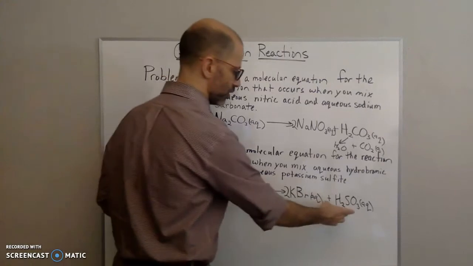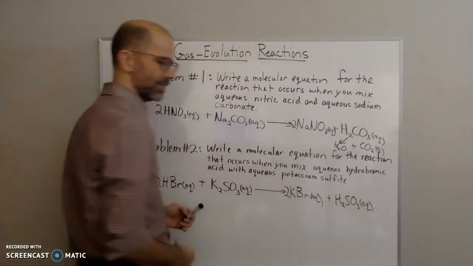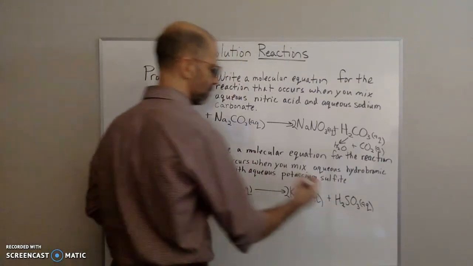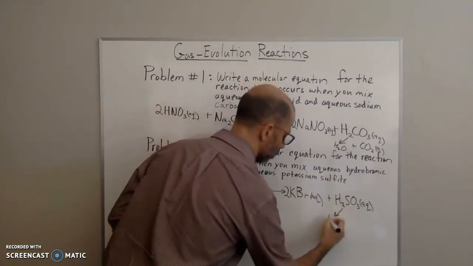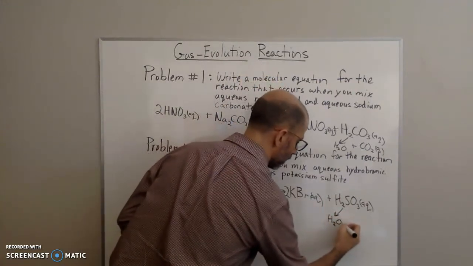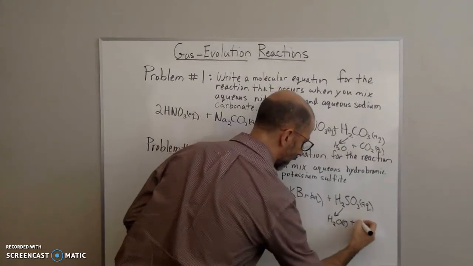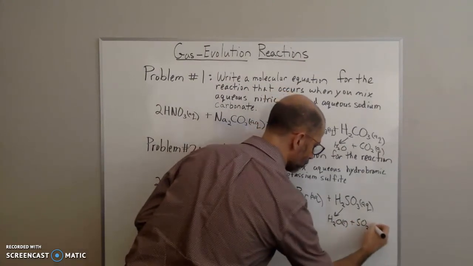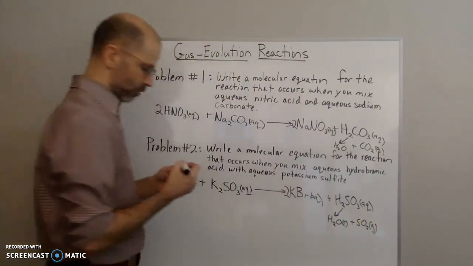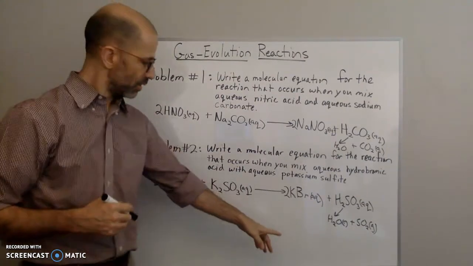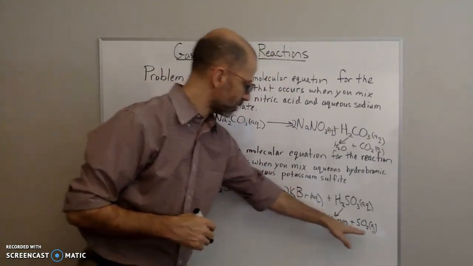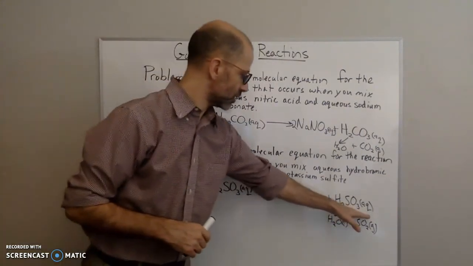Right away you should see, okay, I have sulfurous acid. Sulfurous acid can break down into liquid water and SO2 gas. So that would be the products that I would form. This is just an intermediate.